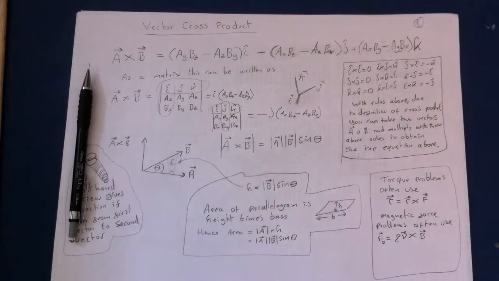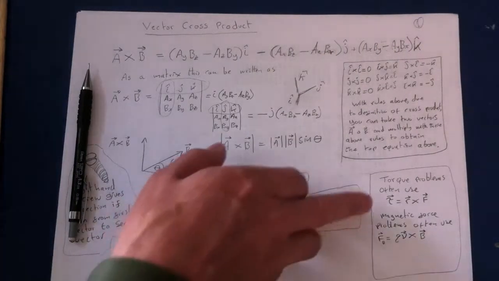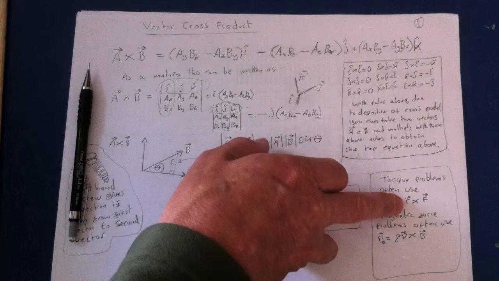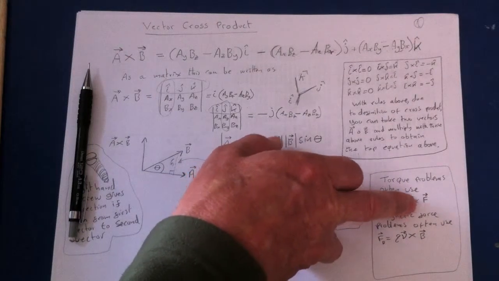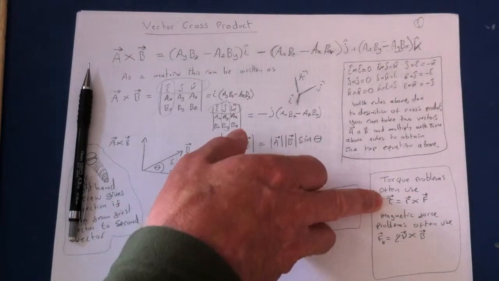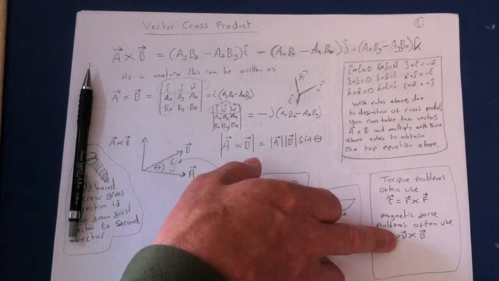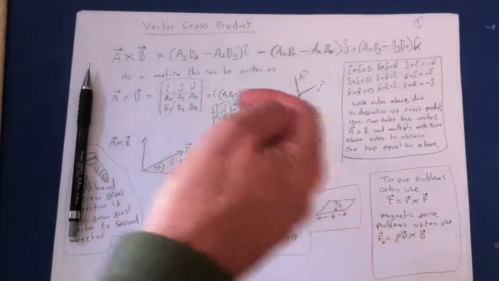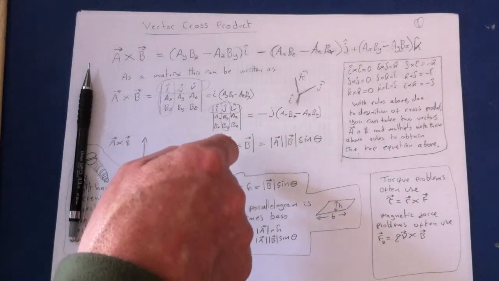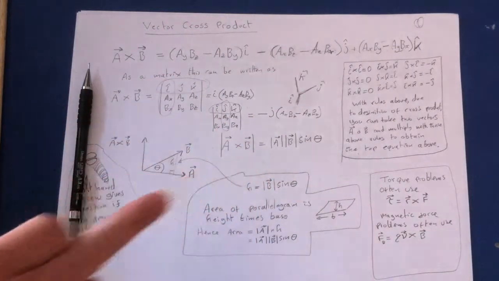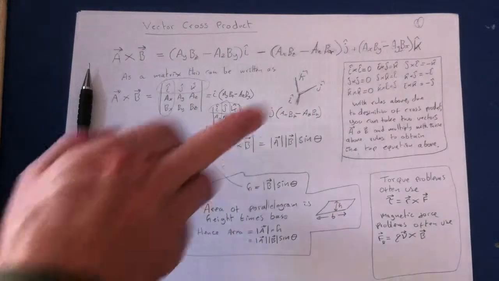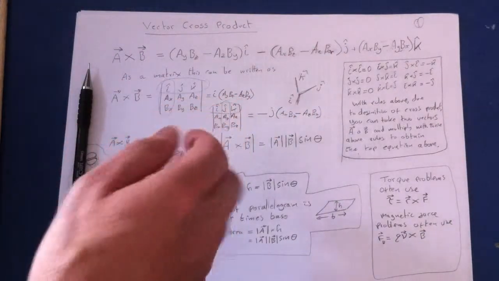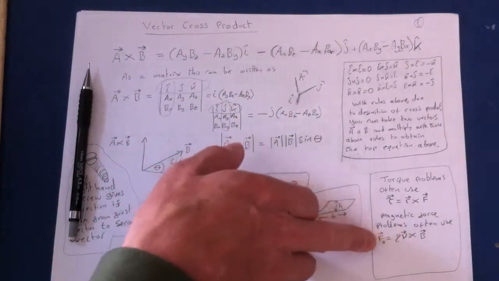Typical applications of cross products include, for example, torque problems where you've got the vector r crossed with the force, and magnetic force problems. So you've got a moving charge with a velocity, and then you're crossing it with a magnetic field, and the force actually is perpendicular to where the charge is travelling, and perpendicular to the magnetic field.